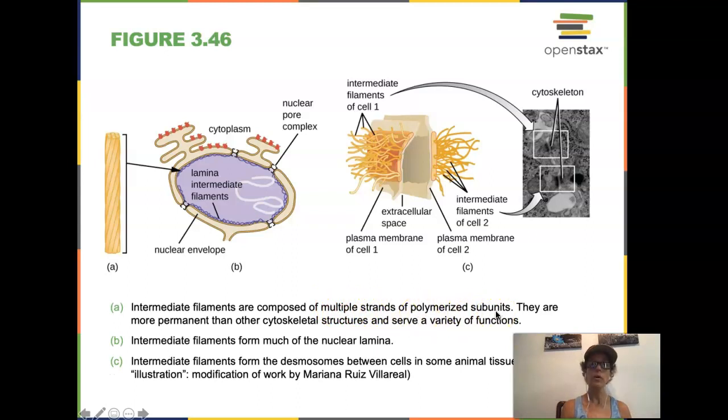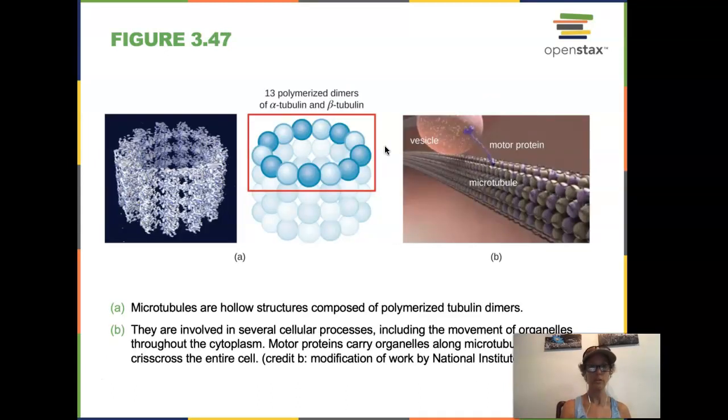They don't get more specific than that because it varies depending on the cell type what type of intermediate filament will be present. Now, where they're found is the same. We've got them in a nuclear envelope, and we get them to stitch cells together, and they vary in their composition because they are a way to identify what type of cell that is.